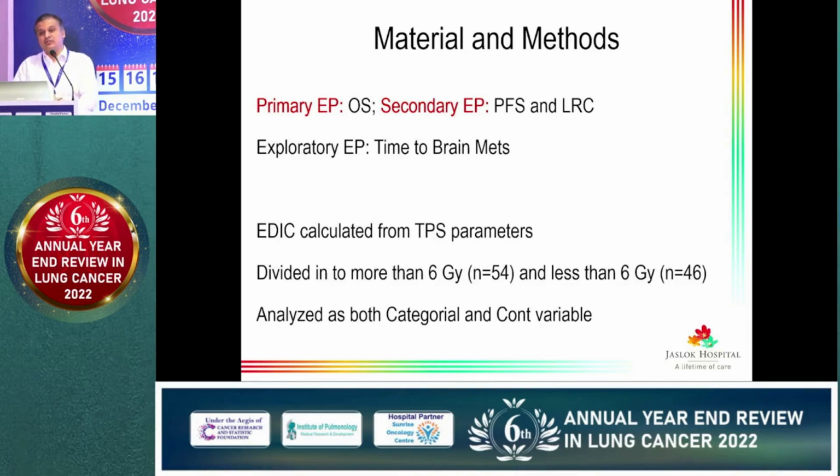They divided the patients into two groups, EDIC of more than 6 gray versus EDIC of less than 6 gray. 54 patients had received an EDIC of more than 6 gray, and the remaining had received less than 6 gray. For the statistical analysis, they calculated the EDIC both as a categorical variable, 6 gray or more versus less, and as a continuous variable in the function of 1 gray.